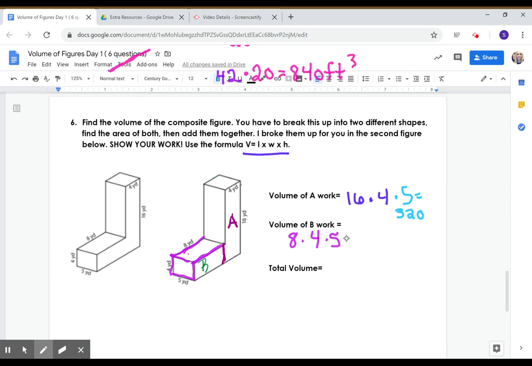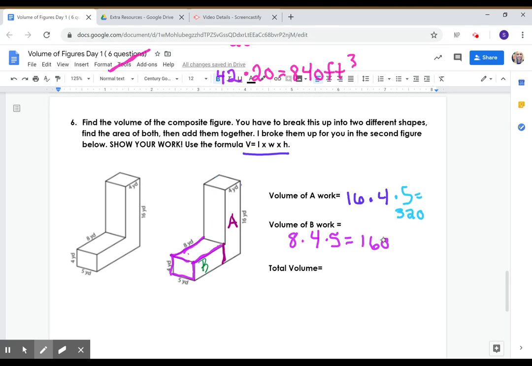So that one's always a little bit easier. So for B, I'm going to do 8 times 4 times 5. Those are my 3 sides, just like how we did in number 1, right? So 8 times 4 times 5 gives me 160.